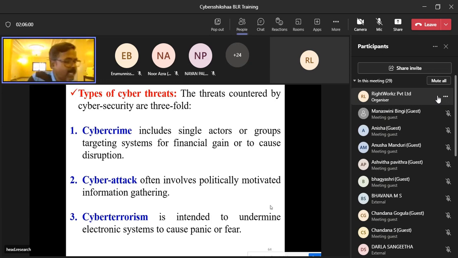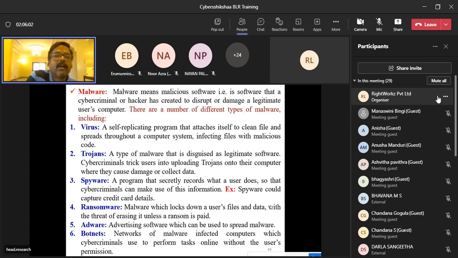So what is malware and what are examples of malware? Malware means malicious software, that is, software that a cyber criminal or hacker has created to disrupt or damage a legitimate user's computer.